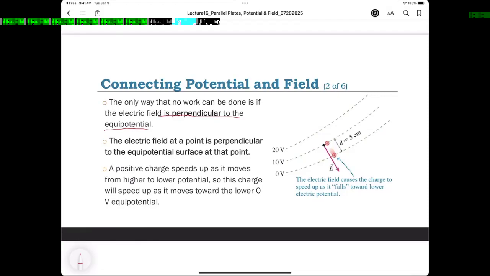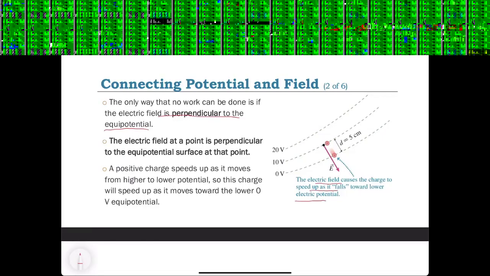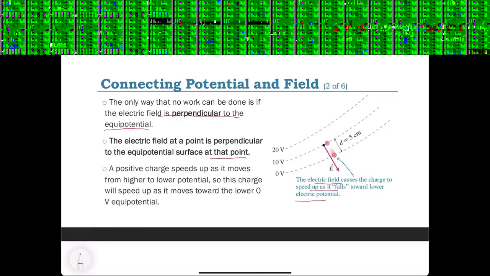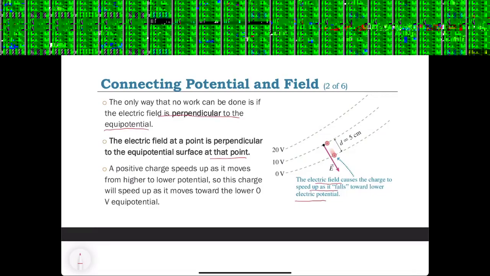You can see the electric field causes the charge to speed up as it falls toward lower electric potential. The electric field at a point is perpendicular to the equipotential surface at that point. A positive charge speeds up as it moves from higher to lower potential.